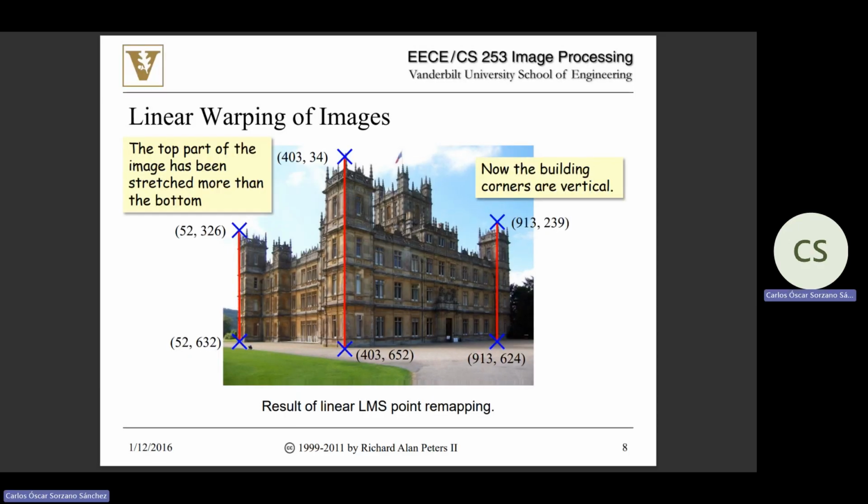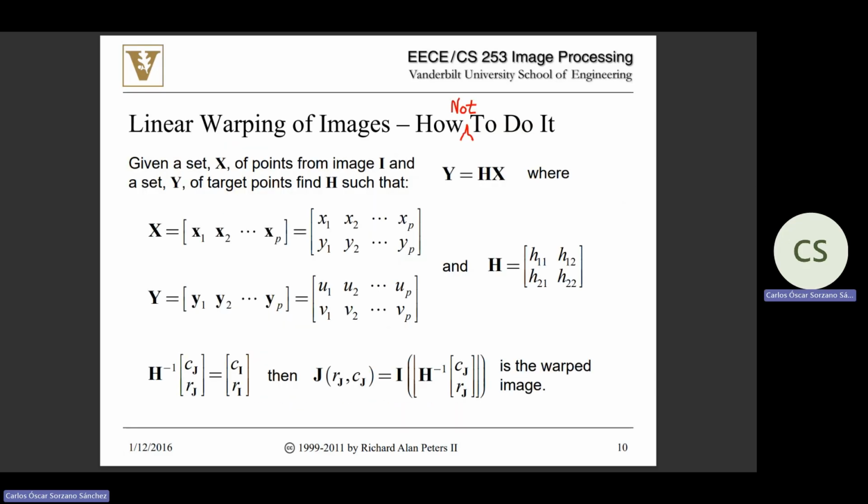So this is what we would like to have. So let's see if we can achieve that. To do that, you will give me pairs of coordinates. Here these are represented as X, Y for the input coordinates, UV for the output coordinates.